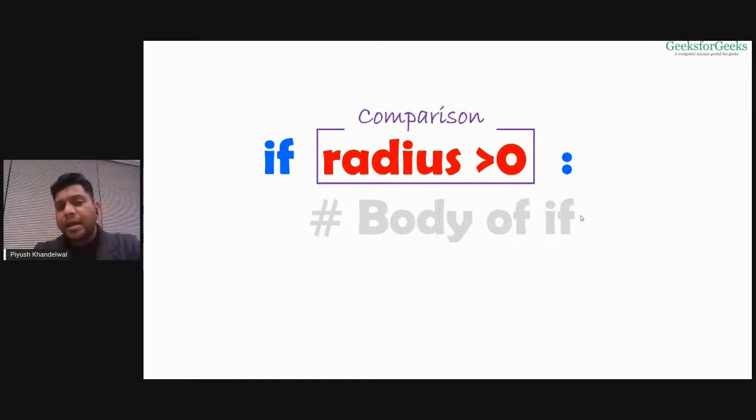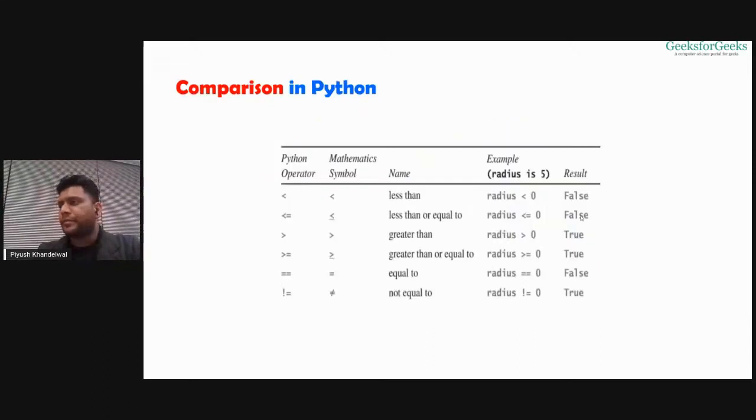Now we need to see how many ways there are to compare things in Python, right? In Python, we have different types of operators: less than, less than or equal to, greater than, greater than or equal to, equal to, and not equal to.